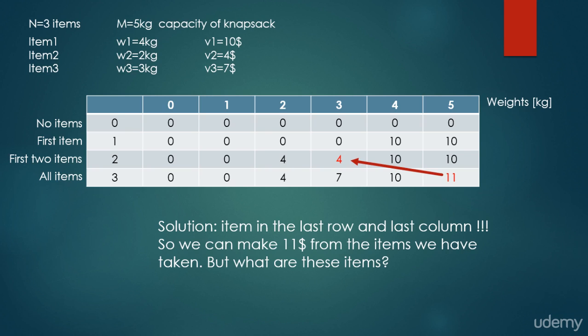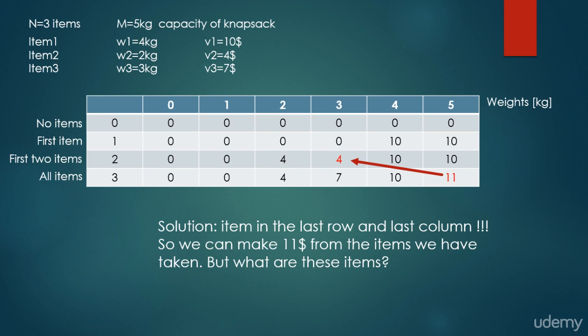So to summarize, we managed to solve our problem, and we come to the conclusion that if we have 3 items and the capacity of the knapsack is 5 kilograms, and the weight of the first item is 4 kilograms with value 10, the second item's weight is 2 kilograms with value 4, and the third item's weight is 3 kilograms with value 7, then the maximum value we can get with this knapsack is $11.